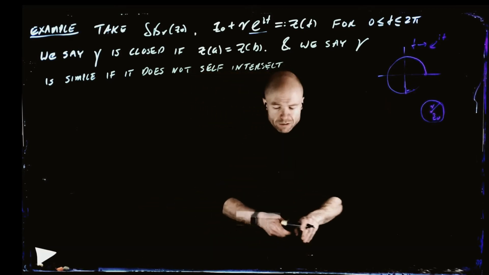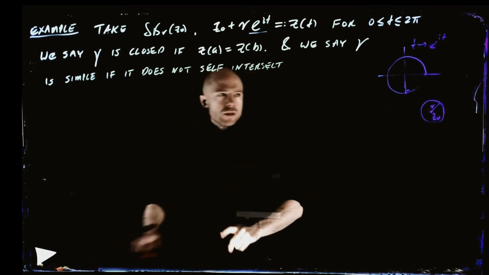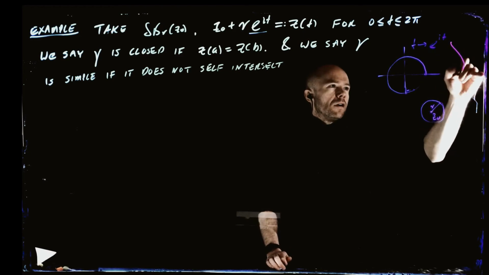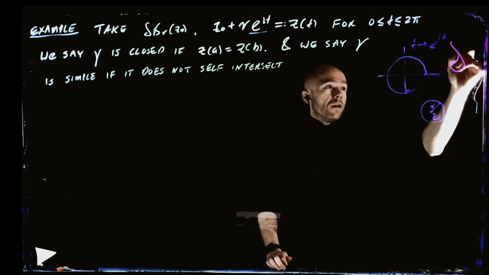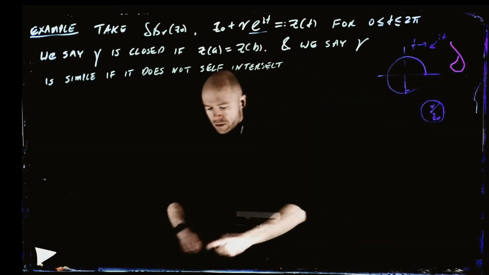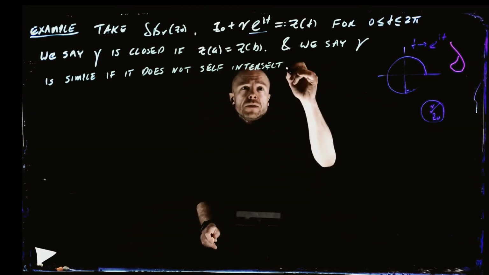And geometrically, it's clear what that means, right? It means that the curve is not coming back to intersect itself, yeah? So it's not hitting itself like this. And how would we express that in the language of maths?